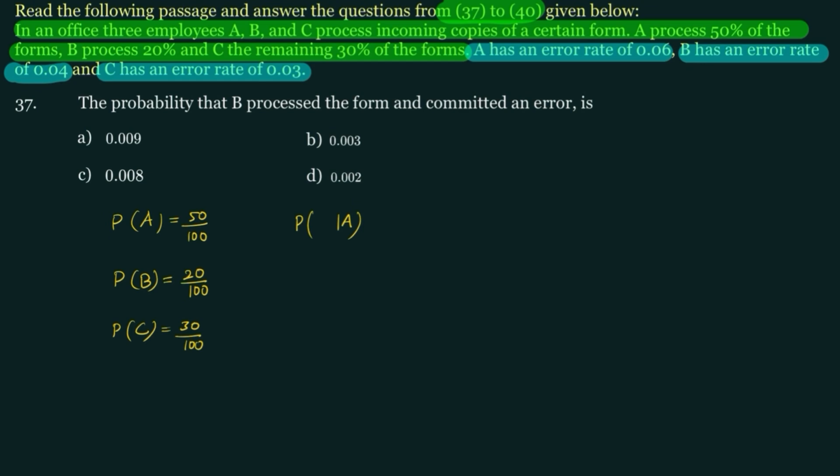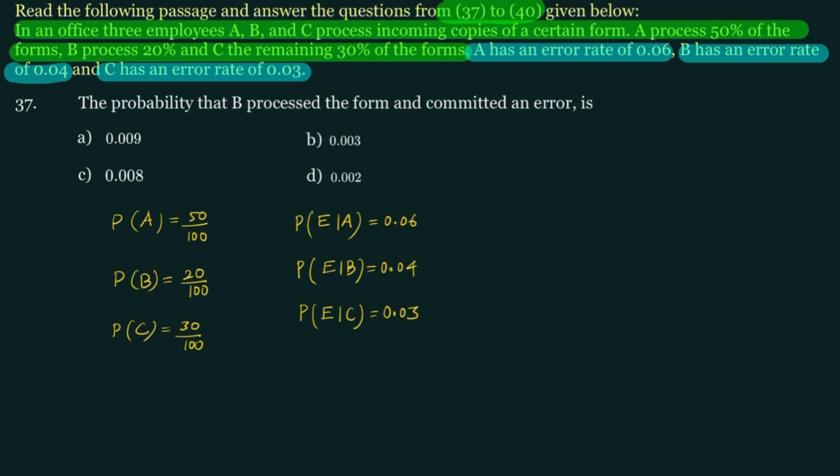Let me define E as the event that the form has an error. So P of E given A is 0.06, P of E given B is 0.04, and P of E given C is 0.03. These are the data given by the question.